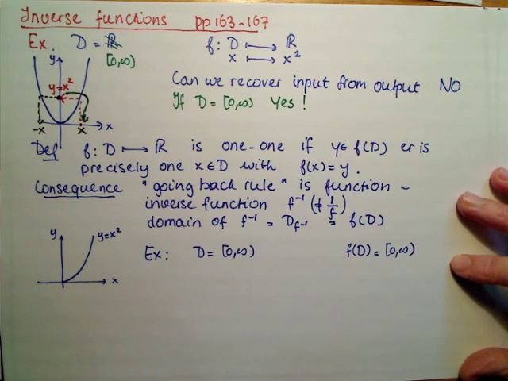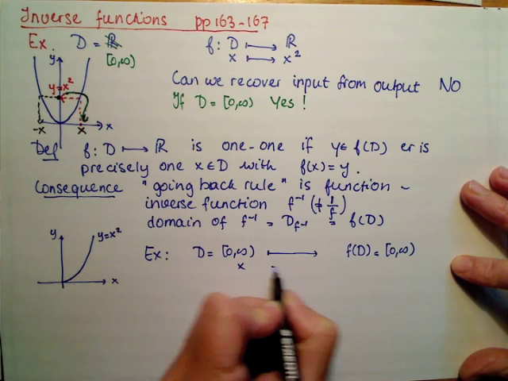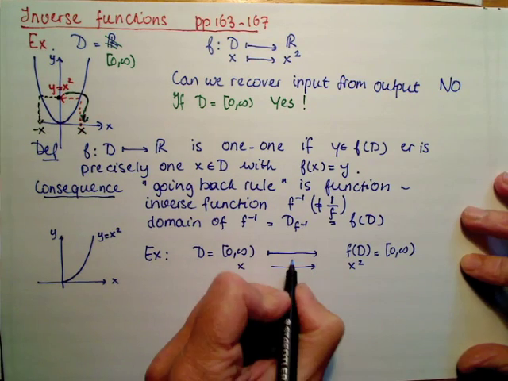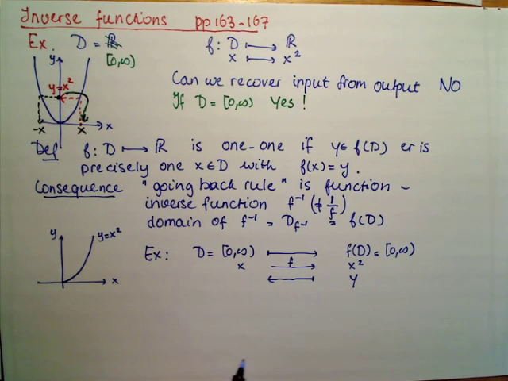Our original function assigns x squared to x, and the inverse function assigns y. Well, what do we get if we go back?